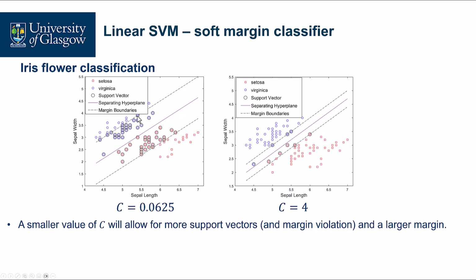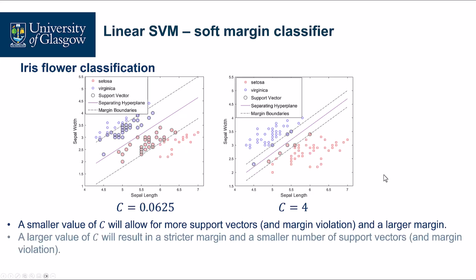And the margin violation is larger. In contrast, if we use a large value of C, the margin itself is smaller, but the margin violation is also smaller, right? So this one has more generality, and this one has a more strict classification.